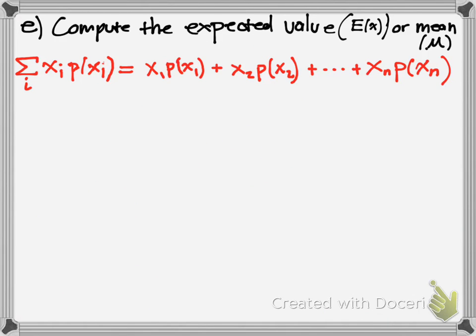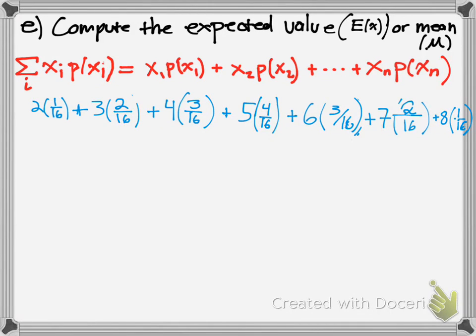Okay, now it's asking you to compute the expected value. Well, that's pretty much another way of saying the mean. And it's going to be represented as E of x in this question, but the formula for doing that would be this. So it's the sum of the random variable times the probability of that event happening. So I guess I'll just write the first few out and explain.